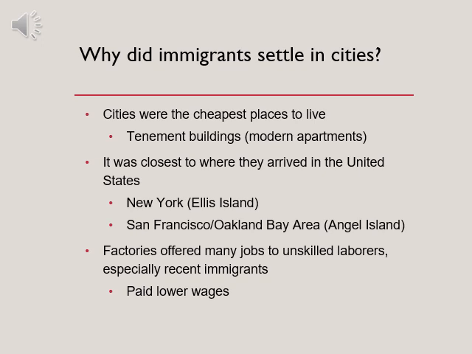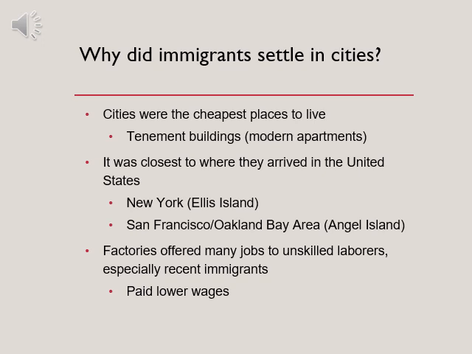So why did immigrants often settle in cities? Cities were usually the cheapest places to live, in tenement buildings, which were kind of like modern apartment buildings. It was closest to where they arrived in the United States, so if they were coming from Europe and arrived through Ellis Island, they typically stayed in New York and the surrounding boroughs.